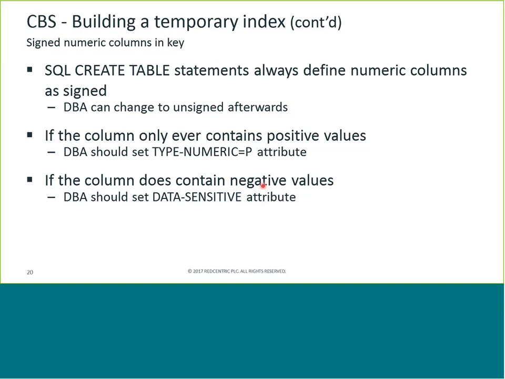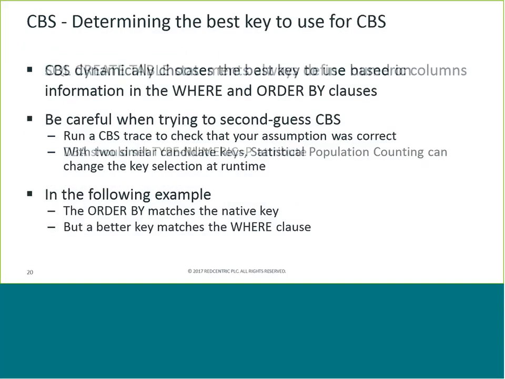If the column does have negative values and it's part of a key, then the DBA should consider using the data-sensitive attribute. So the way that Datacom then builds the index for that key means that it can be used without having to build a temporary index. So these are all things that you can do if you have signed numeric columns in your keys.